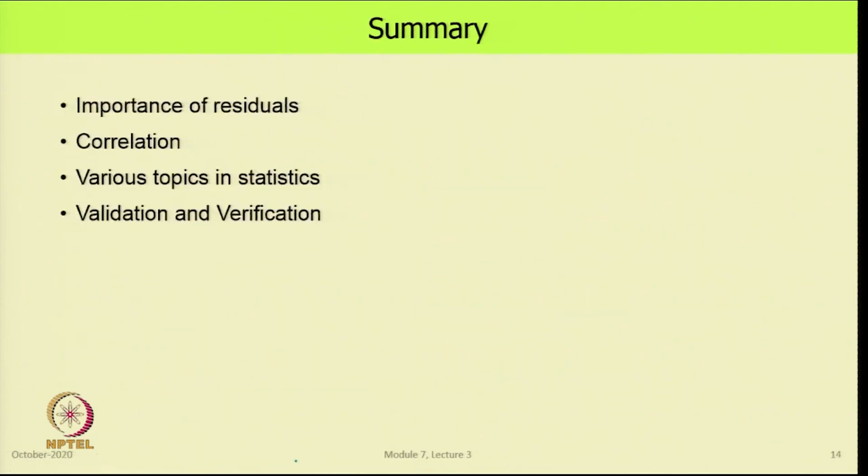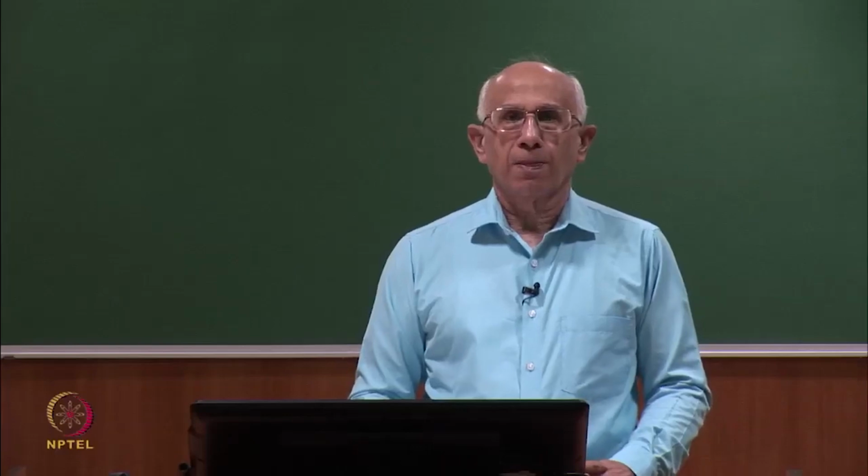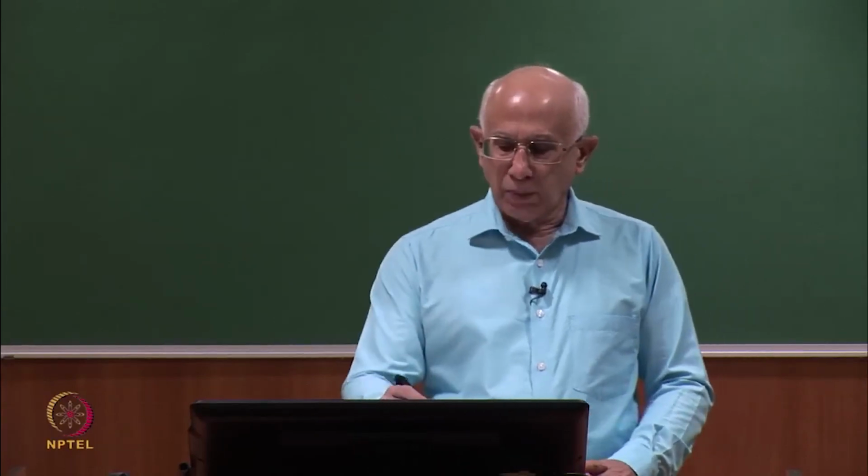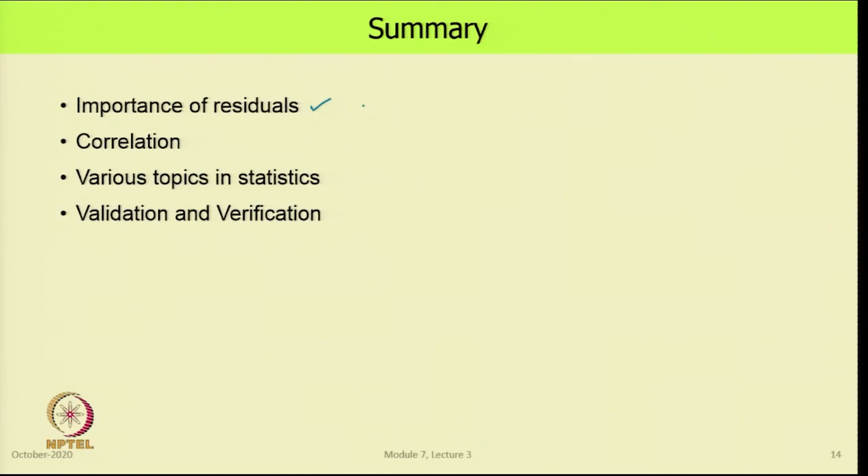So, on that note, we will conclude this lecture. We started off by looking at the importance of residuals and how to formulate the regression function. Some do's and don'ts we saw, that try to capture the physical behavior in the regression as much as possible.